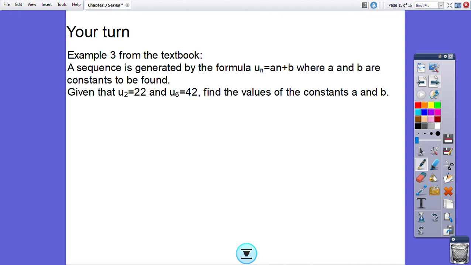And if you have had a go at this, then we'll see that U2 equals 22.